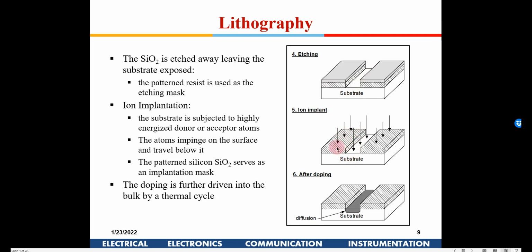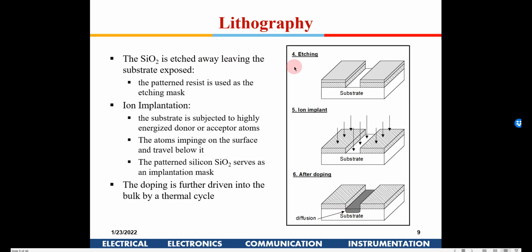Obviously the silicon dioxide will not allow these ions to penetrate through. Only where the silicon is exposed will the dopant atoms go, and that will turn that area into either N plus or P plus, depending on what kind of dopants we are using.